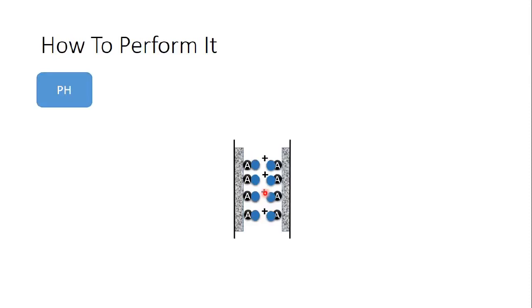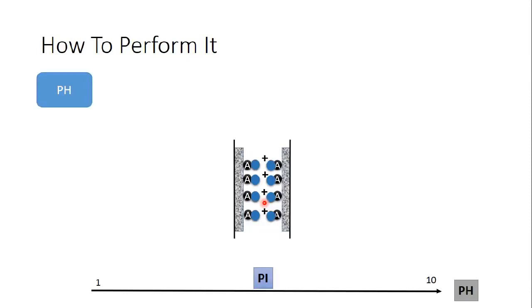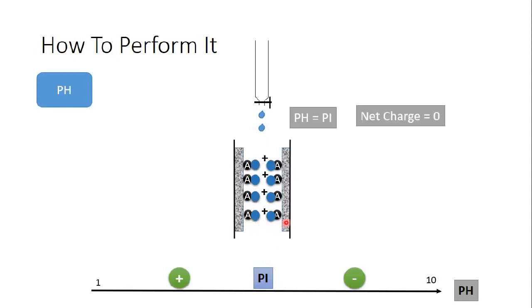Now, if we simply apply a solution that has a pH equal to the pI of the protein, our protein will hold a net charge of 0, and then it cannot bind to substance A anymore, and it will be washed out.